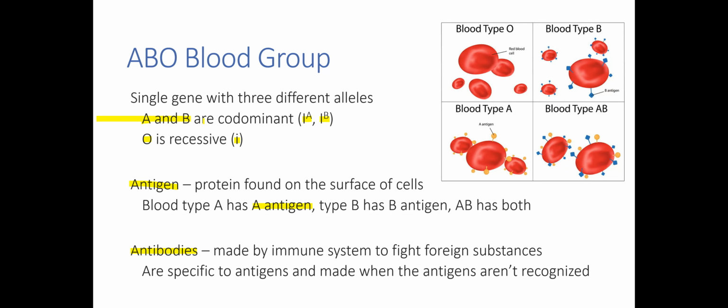If you have the B allele, then you're going to have the B antigen. So if you get both of them, AB, you have both of those antigens. Now, O is recessive, and so O doesn't get the A antigen or the B antigen.